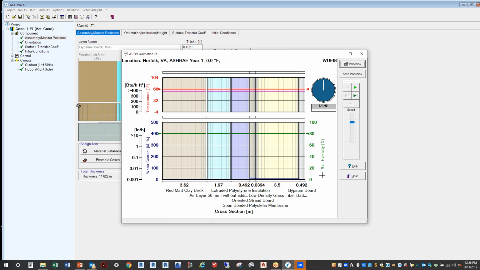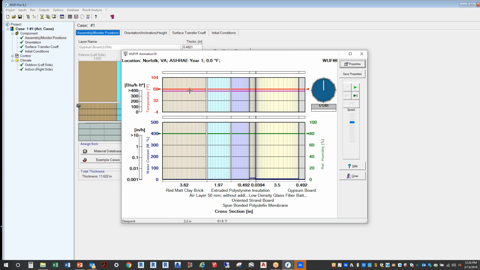All right. And this is a little picture of the wall showing the initial conditions. At the top, the red line represents your dry bulb temperature.